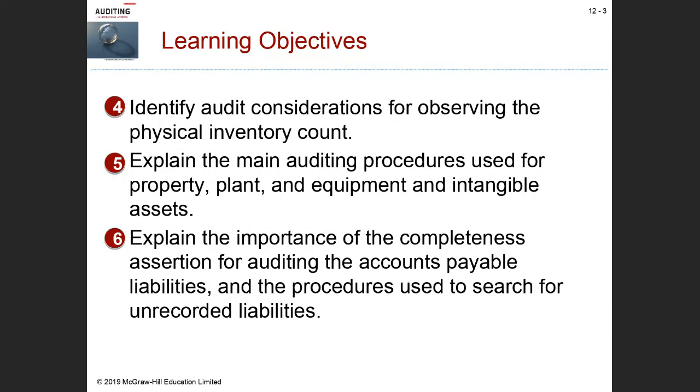So if a company bought one piece of equipment during the year, why go and study the internal control system, and determine whether the risk is high or low on internal control in order to verify that one piece of equipment that you purchased during the year?